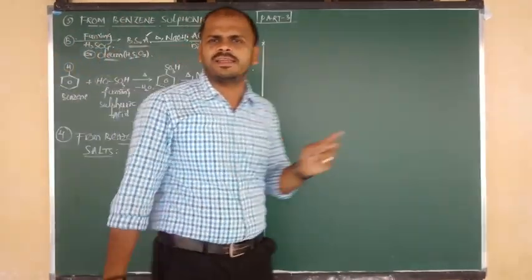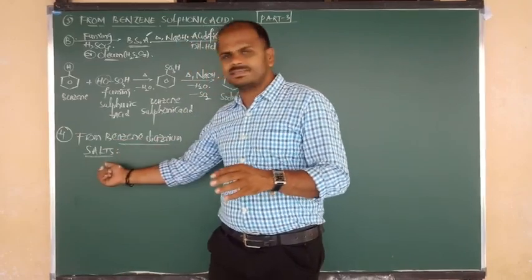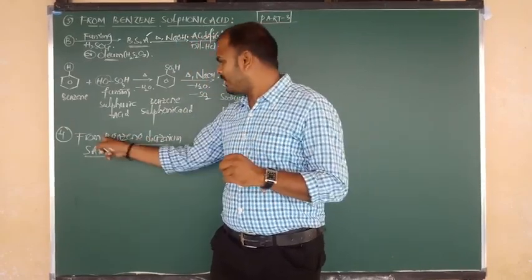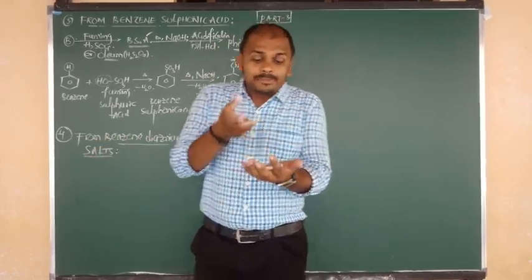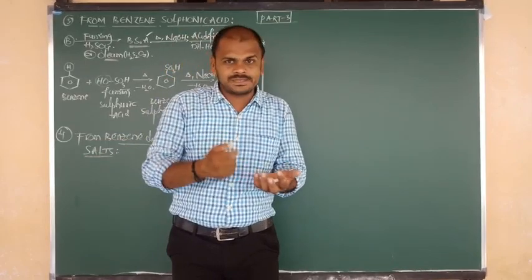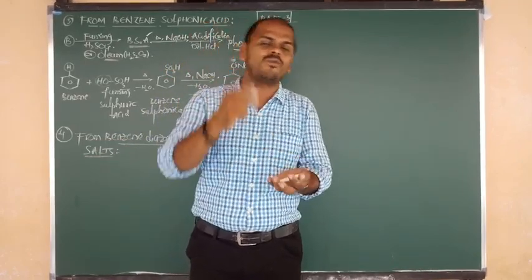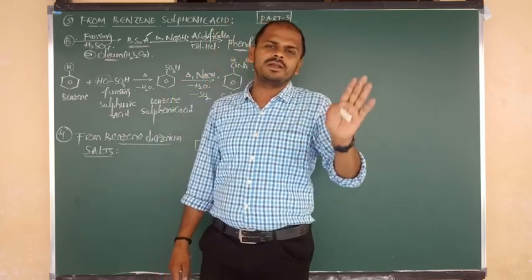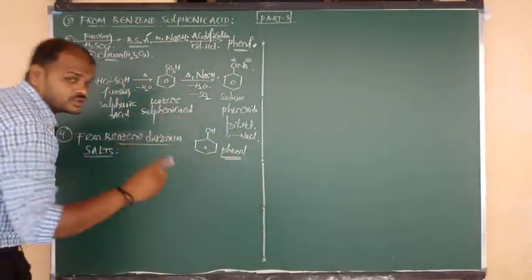There is nothing much to state, it is dead easy. Simply BDS means benzene diazonium salt. To that benzene diazonium salt we simply add hot water or warm water. Definitely you are going to get phenol.